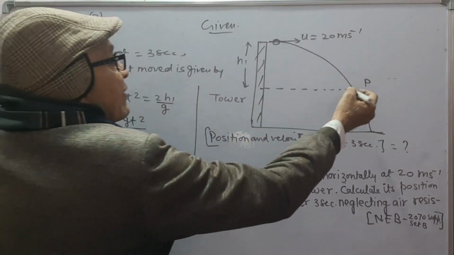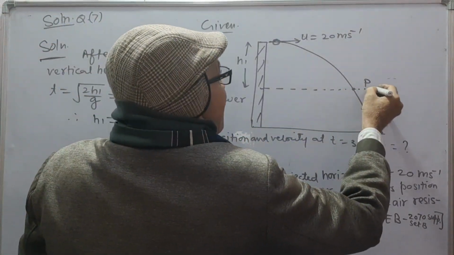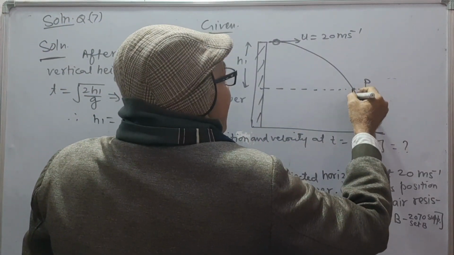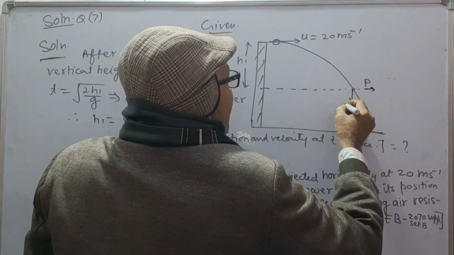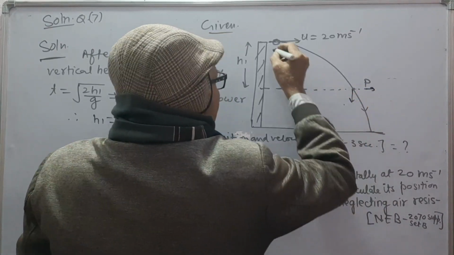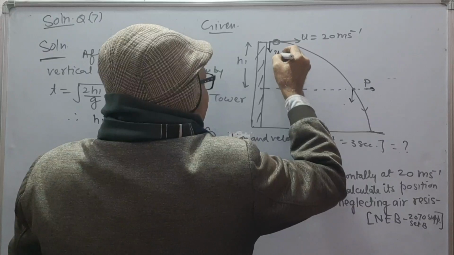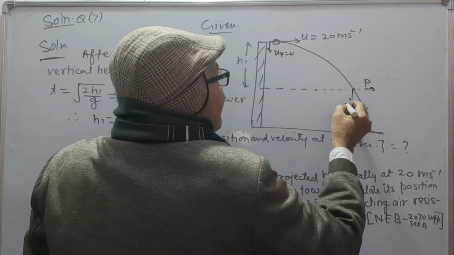So at point P, here vx is u, this is vy.